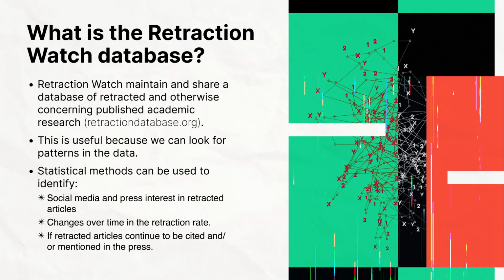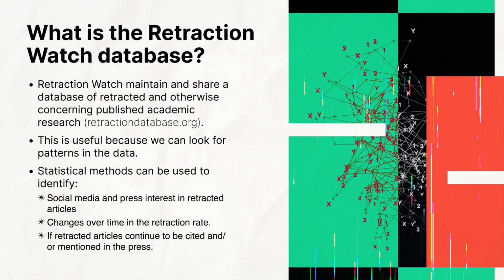So the Retraction Watch database, what's that? Retraction Watch make a database of retracted and otherwise concerning published academic research, which you can find at retractiondatabase.org. And because it's a massive database, with tens of thousands of retracted and concerning articles, we can study retraction as a phenomenon.